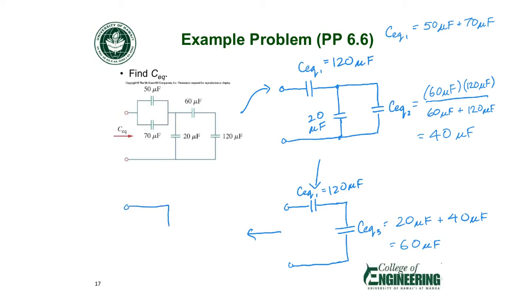And then finally, we just want one capacitance between the two terminals to get our final answer. And we can get that if we combine CEQ1 and CEQ3 in series. So this is going to be 120 microfarads times 60 microfarads over that sum of the two.